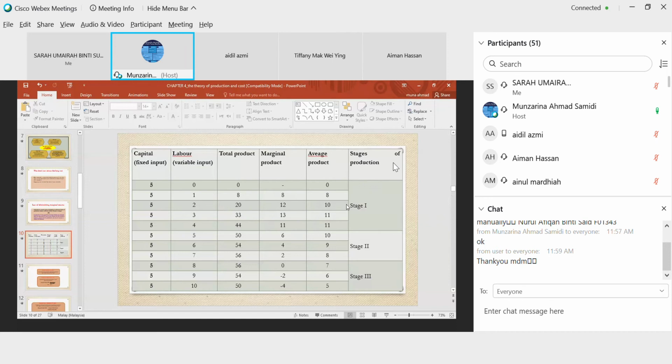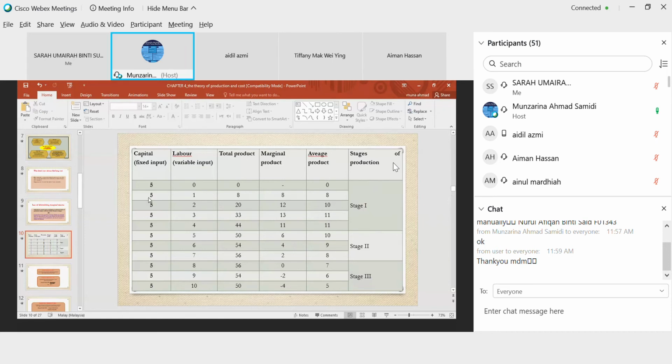These stages of production are here to determine what will be done by a producer if he has this kind of production function, this kind of relationship between the number of inputs that he uses and the total output that he produces. So it actually shows the production function.